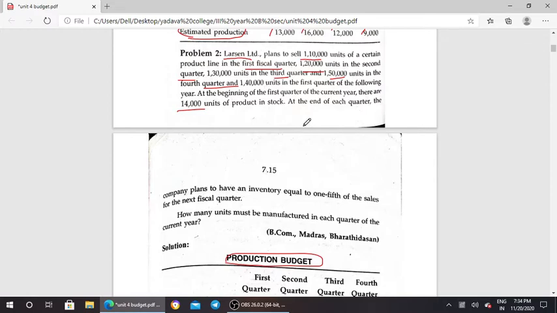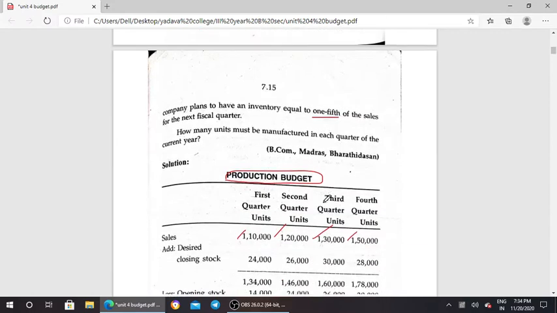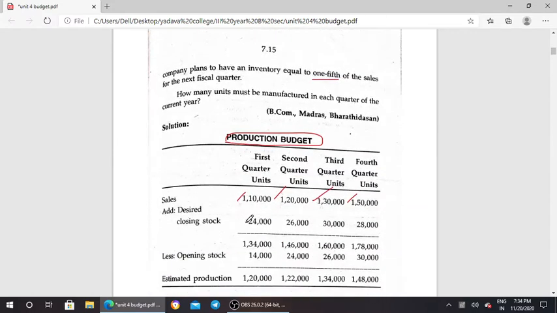At the end of each quarter, they have given the inventory as 1/5 of the sales. So 1/5 of 1,10,000 is 22,000. So this is the closing stock.